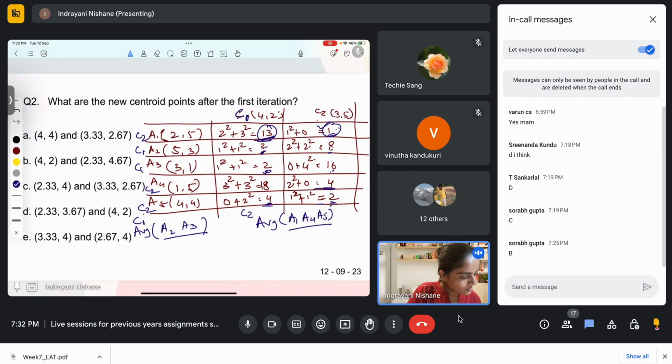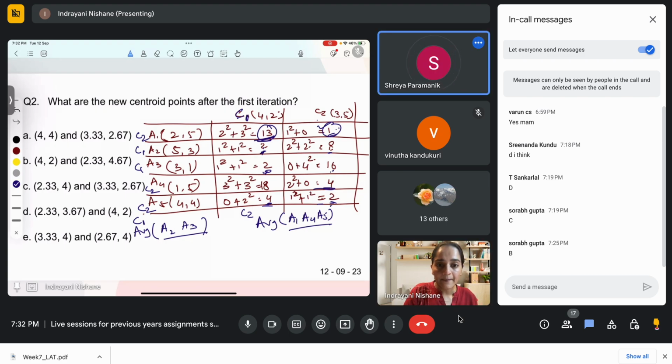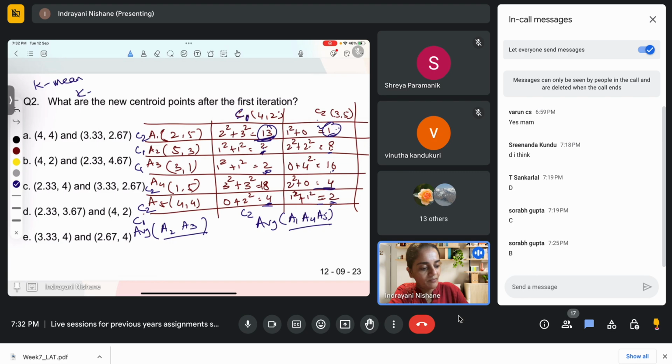Ma'am, I have a doubt. How can we choose the average of A2, A3, and average of A1, A4, and A5? Because we are calculating the new centroid for them, so there are different methods, like K mean, K median. Right now we are following K mean. Mean means average.